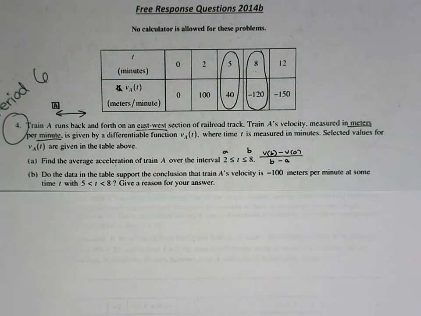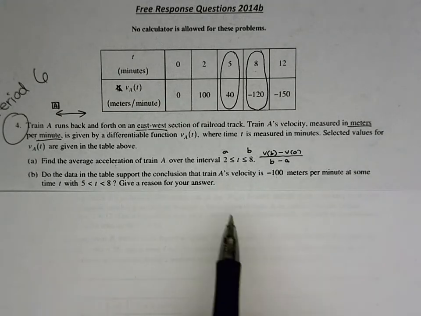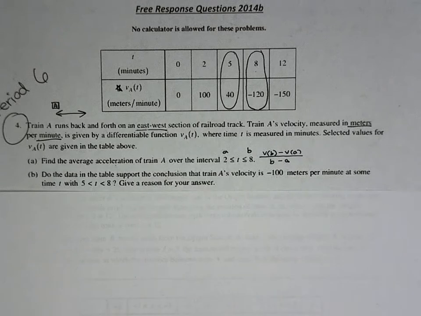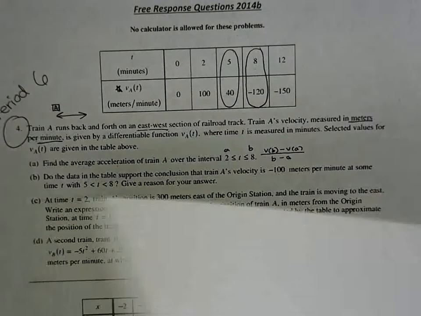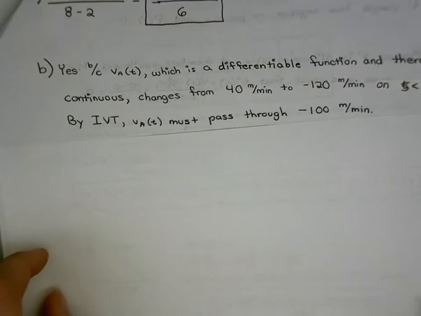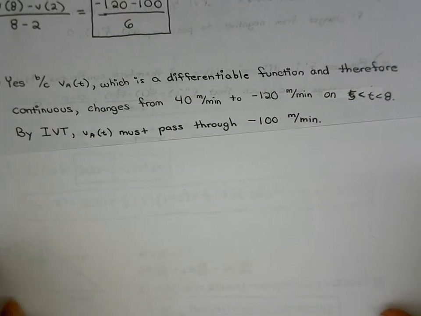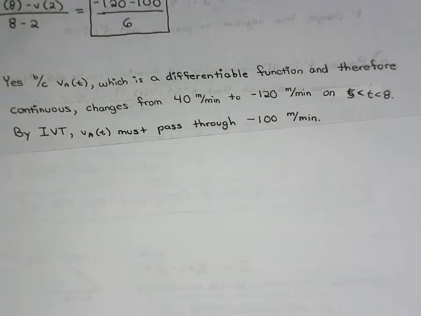Then your second point was for your conclusion that yes, this does support the conclusion that train A's velocity is negative 100, and the reason, which they say to use IVT. A note: you don't have to specifically name IVT, as long as you describe the theorem. This is the explanation that I wrote down. Yes, because velocity v sub a of t is a differentiable function.